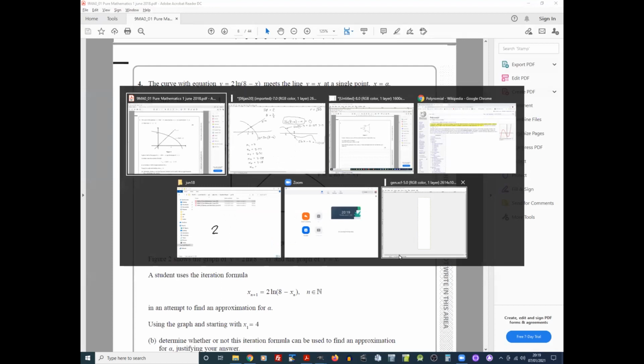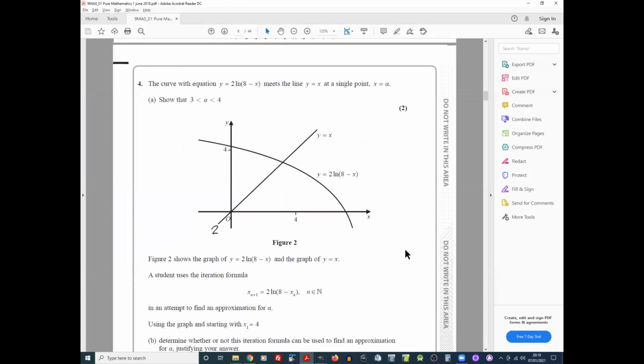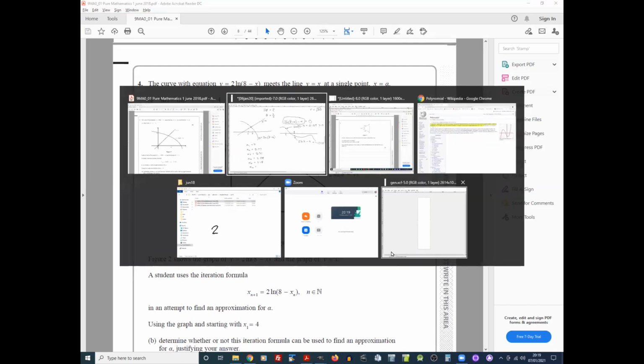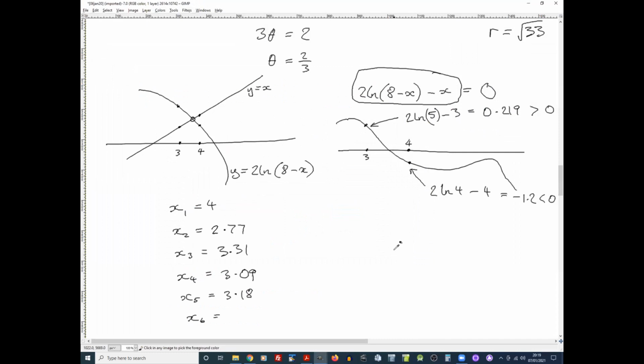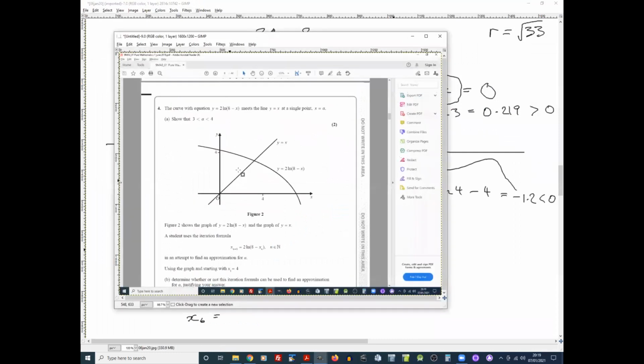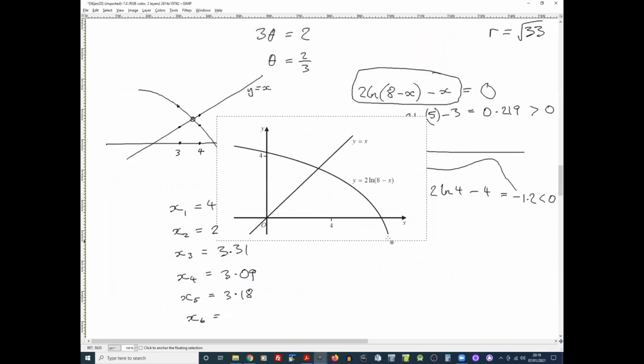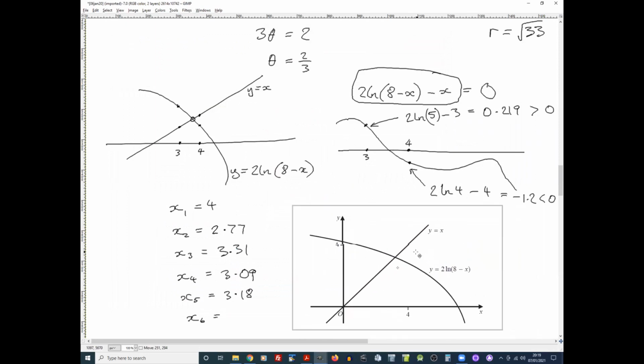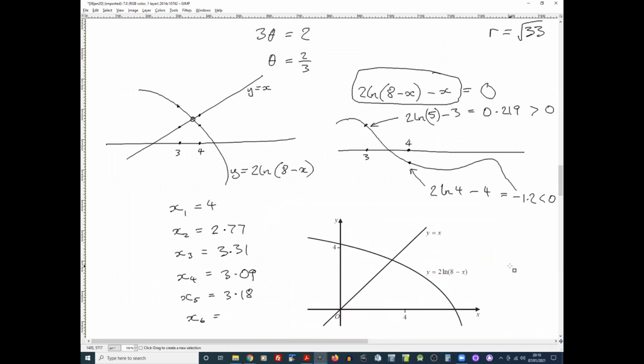Sometimes it wouldn't, because they don't have to draw it accurately. But we've shown that it does work, so we ought to be able to draw the diagram called a cobweb diagram, just to make it sound even more scary than it needs to.